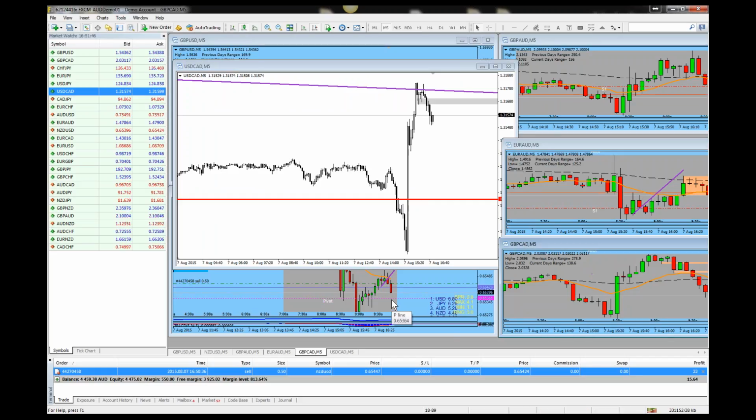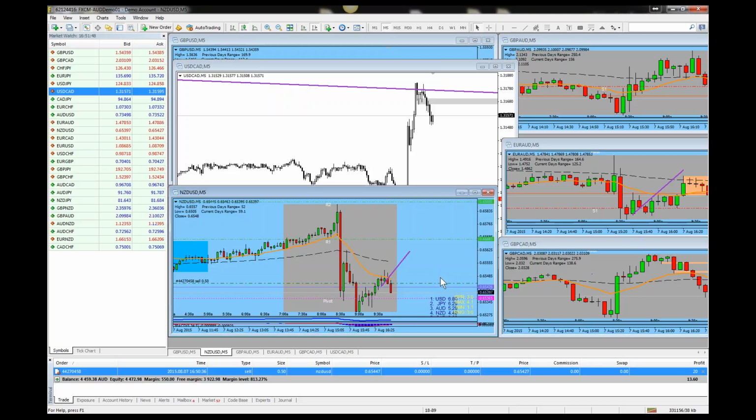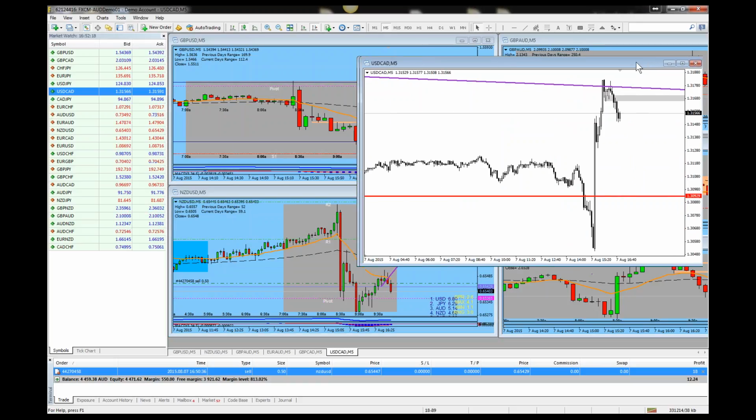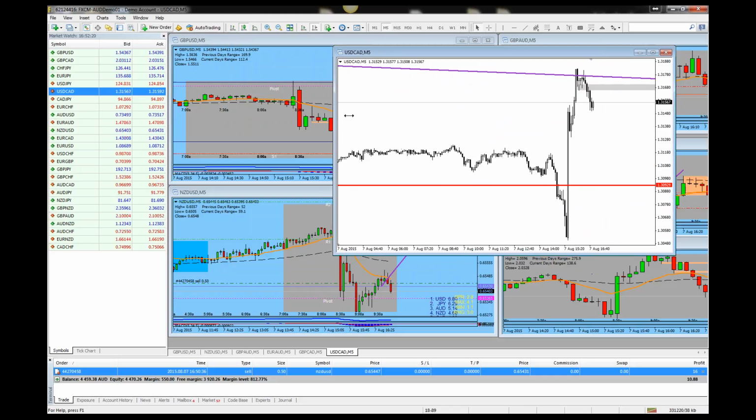Let's see, I think this may hit this daily pivot here. How far down is that? It's about 8 pips or so. Let me close this. We'll keep the CAD up here so we can look at it as news approaches.